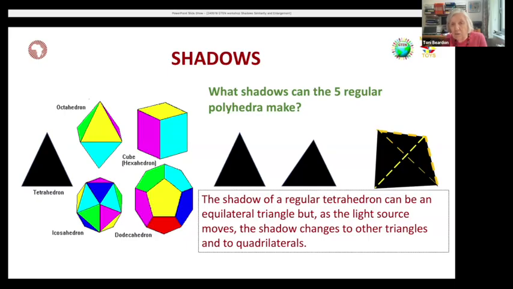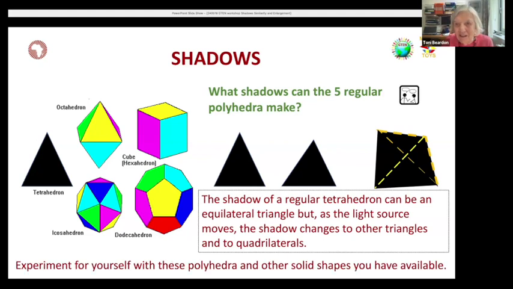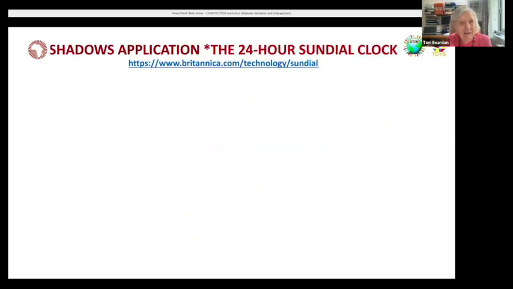So as the light source moves, the shadow changes, and you can experiment with this yourself. Now, one practical use of shadows, and for many, many years the main way of telling the time, was the sundial. Tell us a bit about the sundial, Sam.